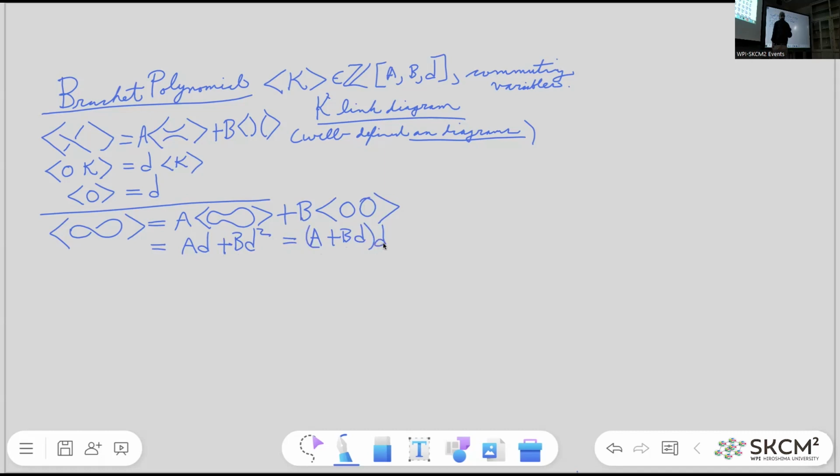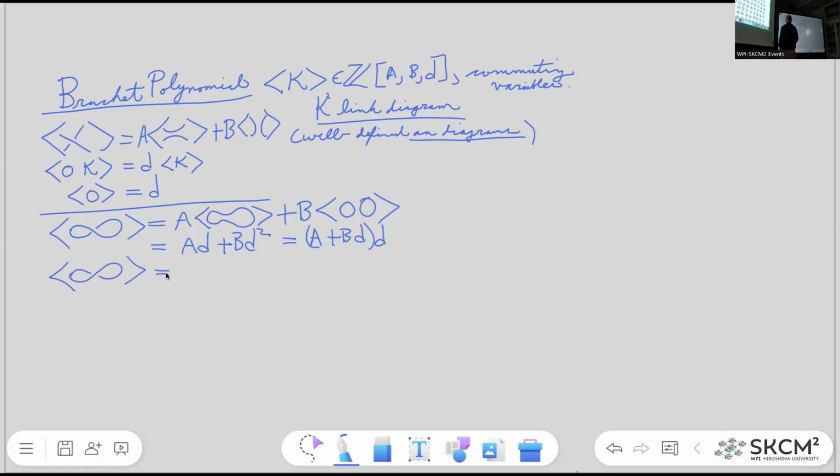And now you can see one of the advantages of possibly normalizing this calculation as far as a single loop is concerned. If we divide it by the value of a single loop, then everything would be divisible by that loop in the calculation, because there's always at least one loop left over when I'm calculating. You can see that. So A plus BD is the corresponding thing. What would happen if I did it the other way?